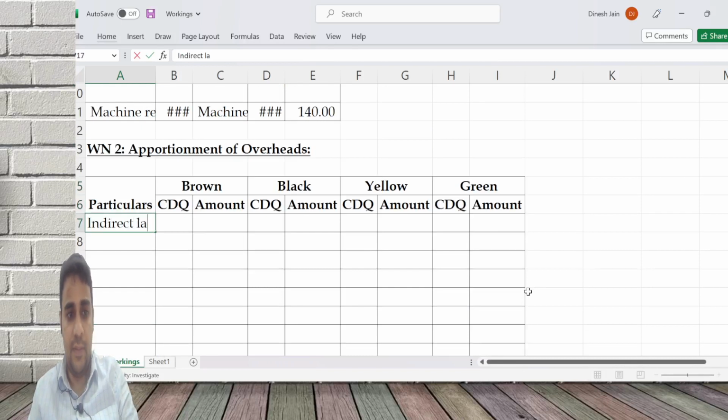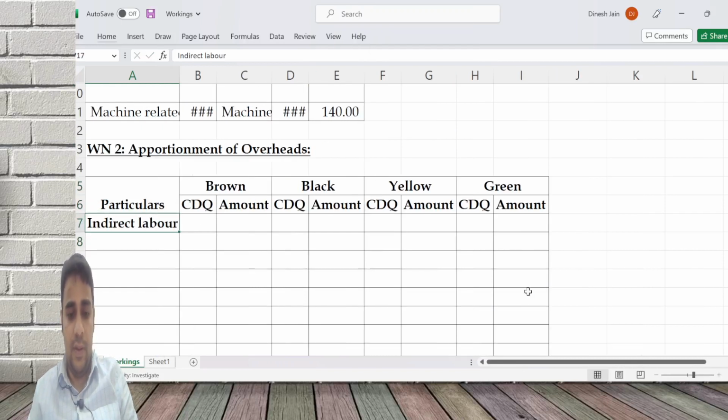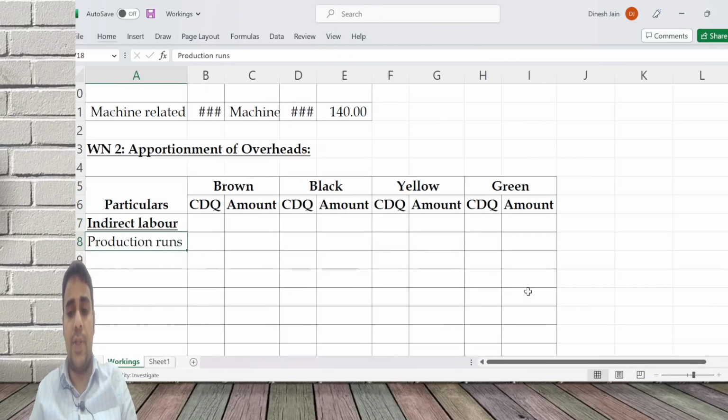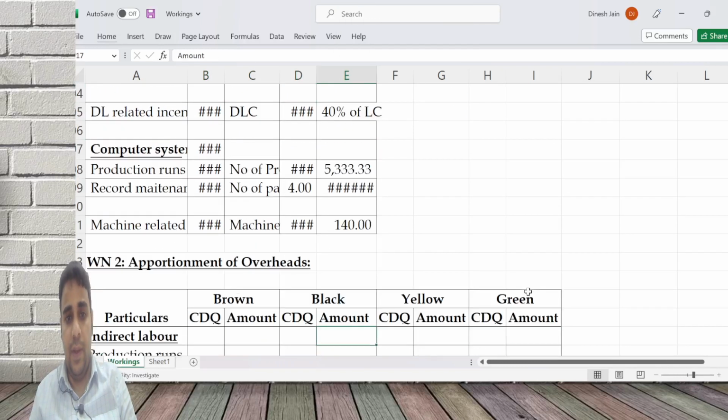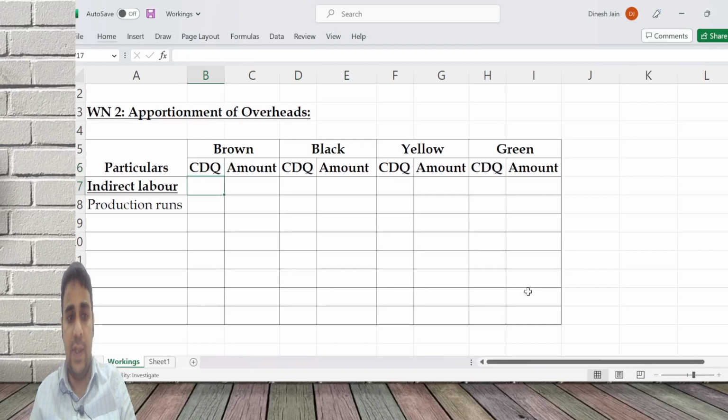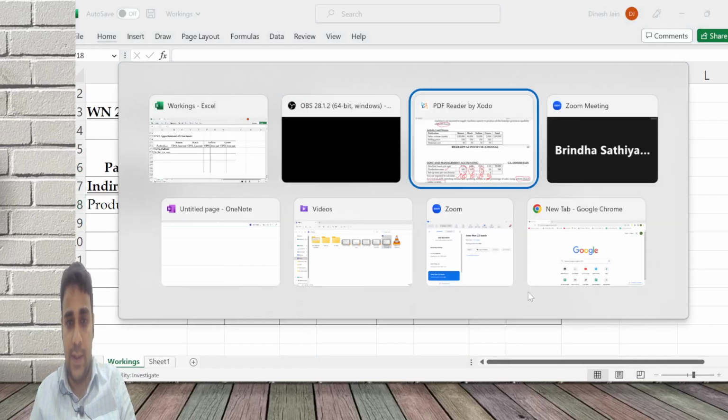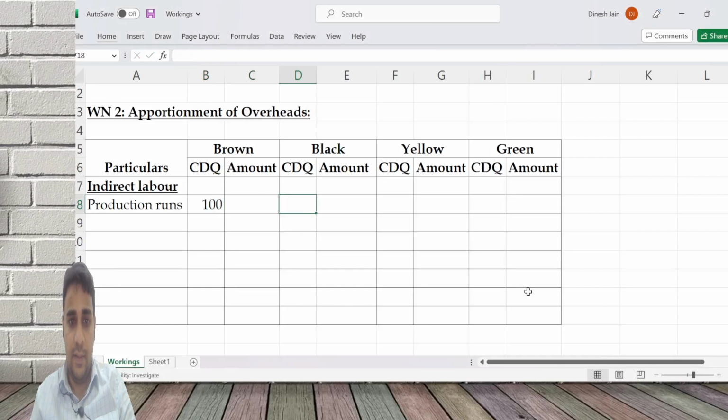Indirect labor, production runs. We have decided a recovery rate of 933.33 based on production runs. The number of production runs is 100, 76, and 24.